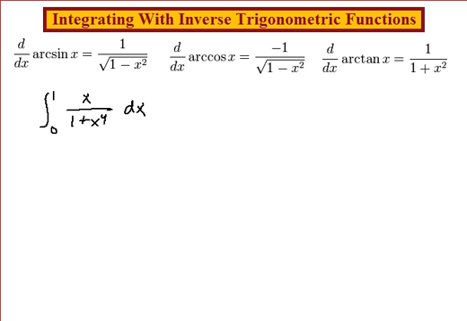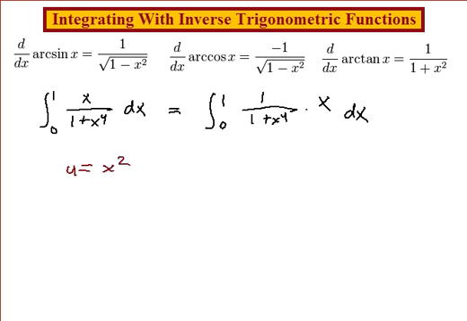We can make it look more like the derivative of arctan by separating the fraction. Now we can think about this in terms of substitution. Let's let u equal x squared.